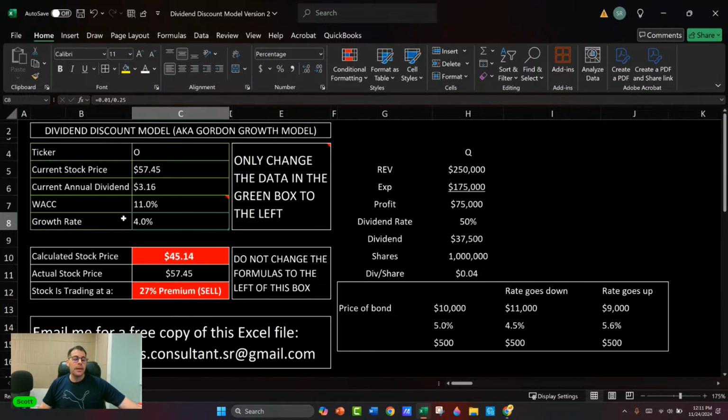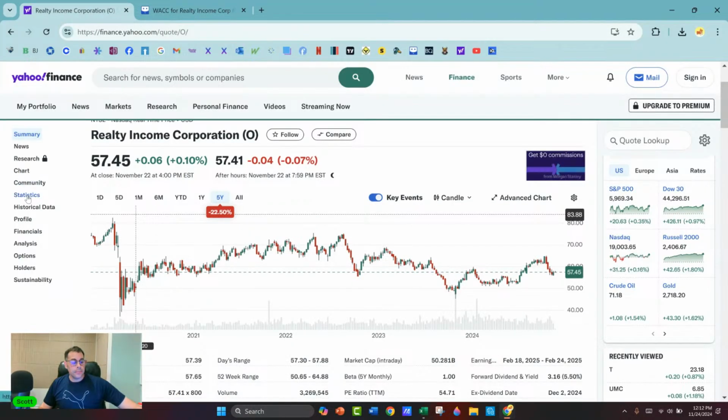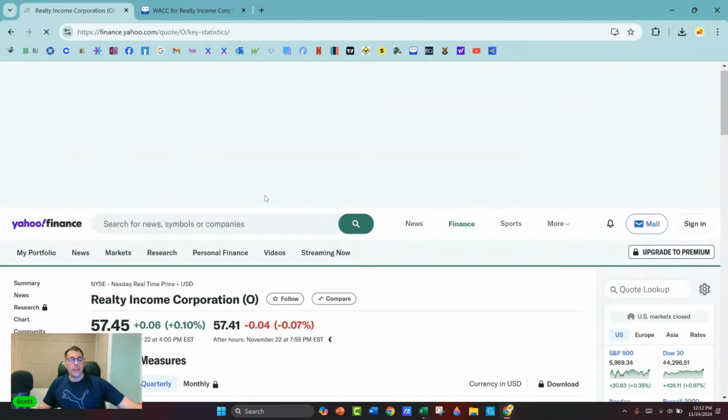Or, obviously, the growth rate, you can adjust the growth rate too. So you can bring it down to 3% or 2%. But the growth rate is pegged off of the actual growth. I mean, we just did it. We looked at the actual growth rate.